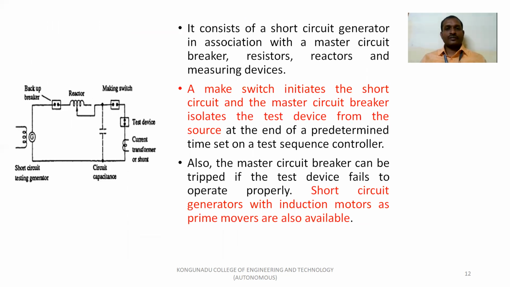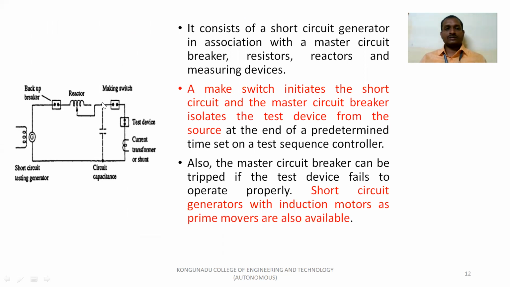So it consists of a short circuit generator in association with a master circuit breaker, called the backup breaker, resistors, reactors, and measuring devices. We are using current or shunt transformers. Here a making switch initiates the short circuit and the master circuit breaker isolates the test device from the source.